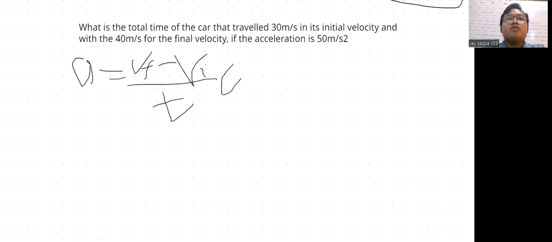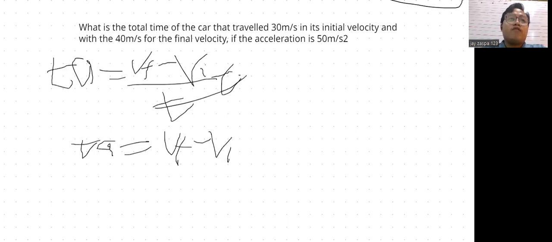Multiply both sides by the time, so the time will be canceled out. It becomes time times acceleration is equal to V final minus V initial.